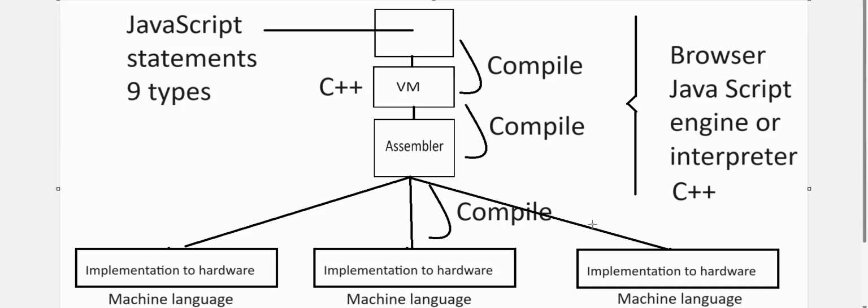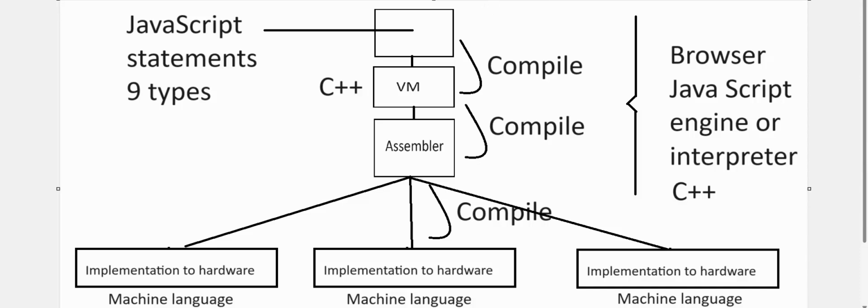When we look at the compiling process, there are 3 steps: from JavaScript to virtual machine, from virtual machine to assembler, and the implementation of that assembler to the concrete assembler, which is finally compiled to machine language. 3 steps of compiling.